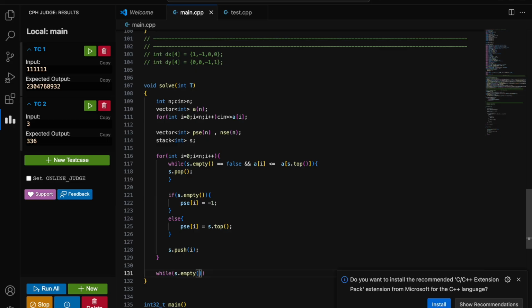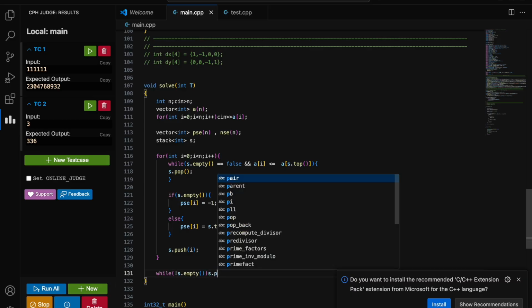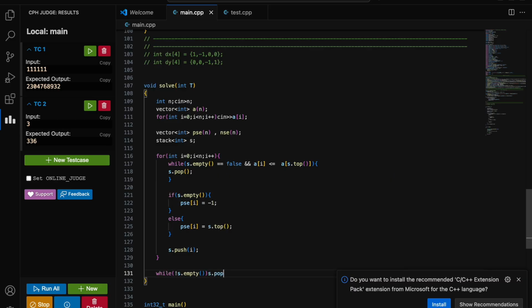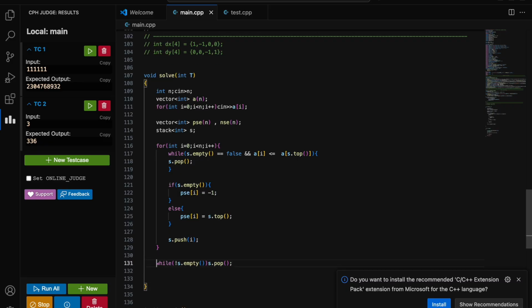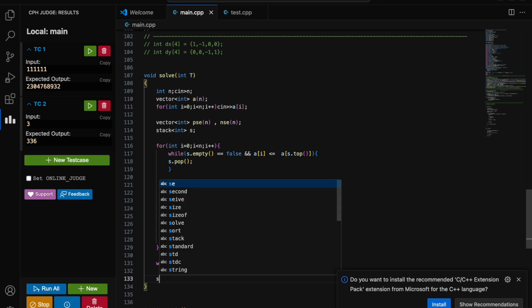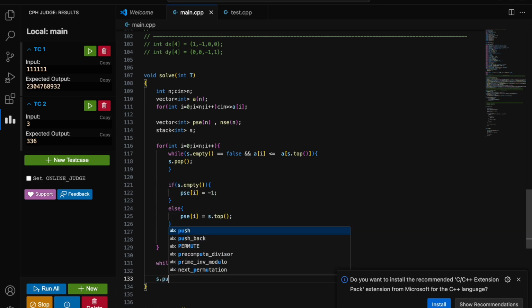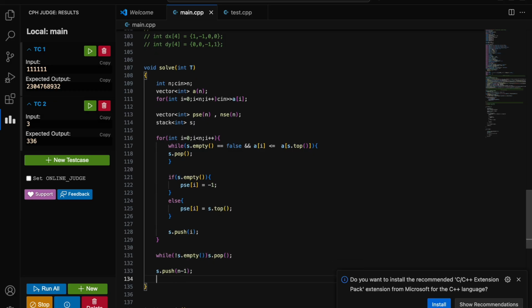While it is not empty, we would pop it, s.pop. Now we would find the NSE. For NSE, let's push the last element in the stack, because we know that the last element won't have a smaller element to its right.